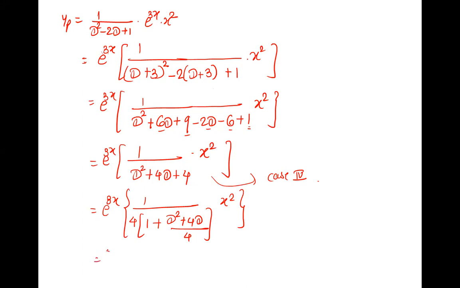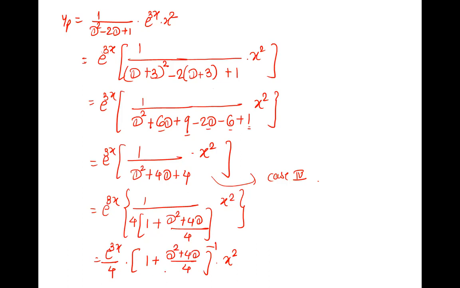That upon 4 will go with e raised to 3x by 4. Take it up: 1 plus (D square plus 4D by 4) inverse on x square. If you want, you can write this term as D square by 4 plus 4D by 4 and cancel. It is your choice. If both had 4 I would have cancelled it, but not here, so let the term remain. Fine. Now we can use the formula.